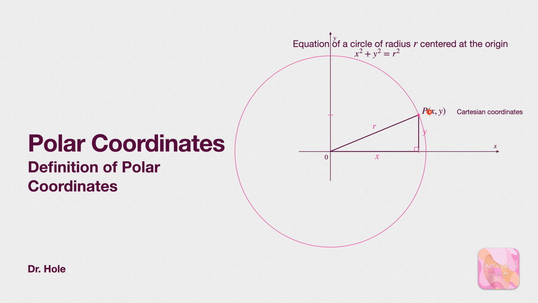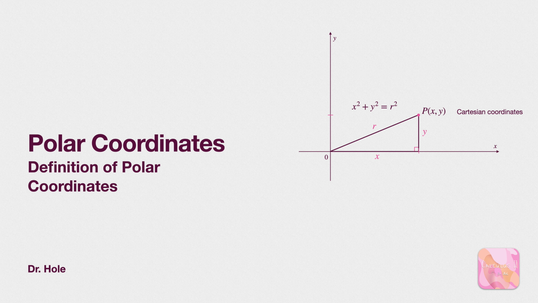This P is only one particular point in the set of all points exactly r away from the origin. And this P corresponds with a certain angle with the positive x-axis, and that's basically the notion of polar coordinates.